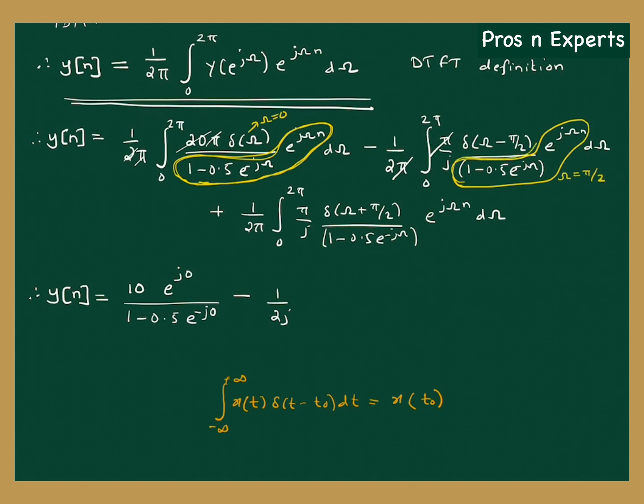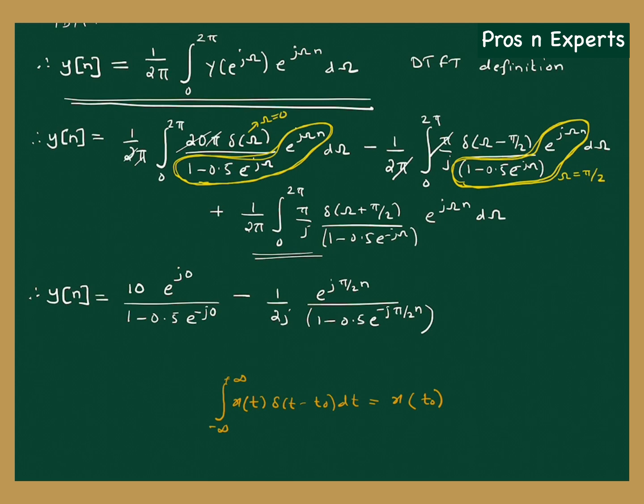This function reduces to a scalar at omega equal to pi by 2. So I can write it as 1 by 2j into e raised to j pi by 2 n divided by 1 minus 0.5 e raised to minus j pi by 2 n. Instead of omega, I gave pi by 2.